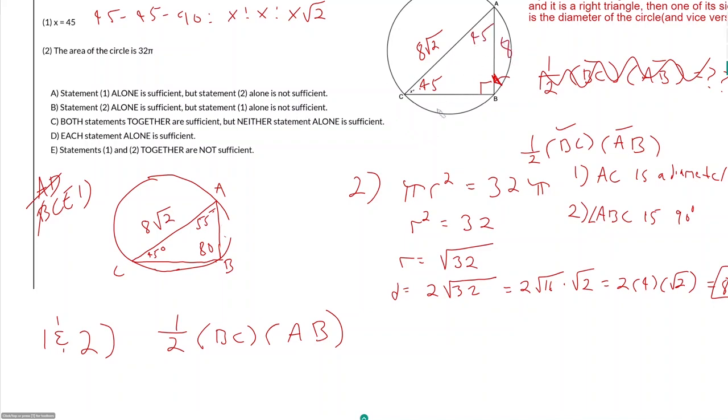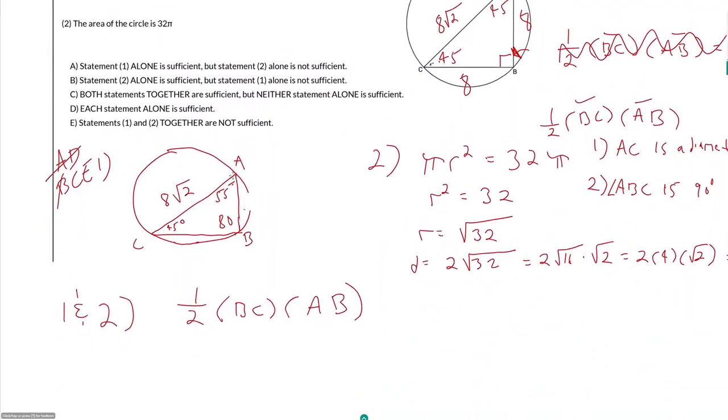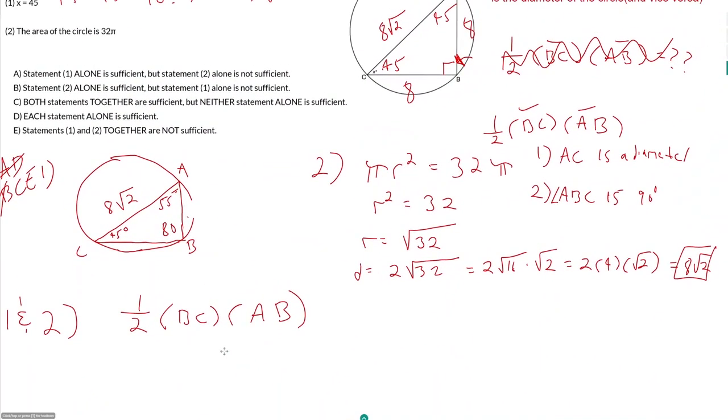So I can fill in the values for my proportion here for AB and AC, and therefore 1/2 base times height, the area of my triangle, should just be 1/2 8 times 8, which is just 1/2 64, which is 32.